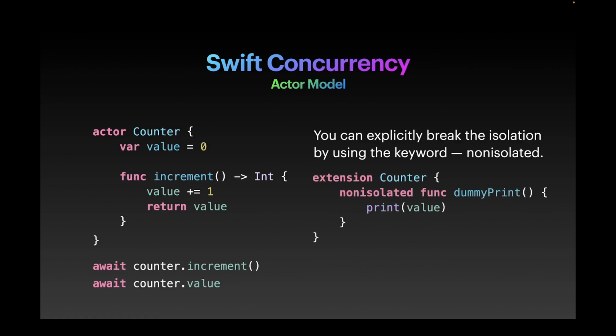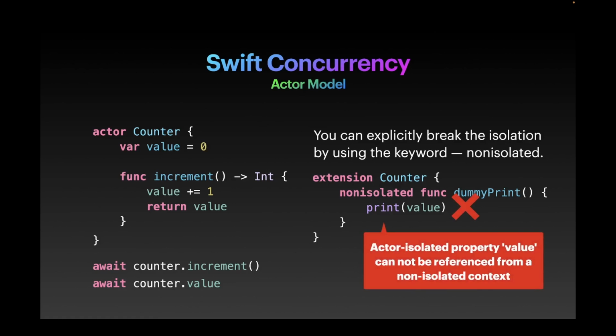Now let's move to the next example. This time, it's still the dummyPrint, and I still want to mark that as nonisolated. But this time, I'm going to print the value, which is a local variable I declared in the actor counter. But this time, the compiler is going to give you some errors. It says actor-isolated property value cannot be referenced from a non-isolated context.